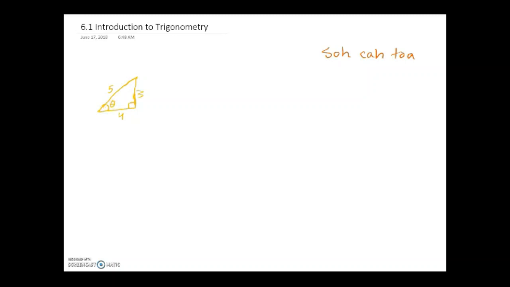We'll be solving for sine, cosine, and tangent, so we'll be finding sine theta, cosine theta, and tangent theta.